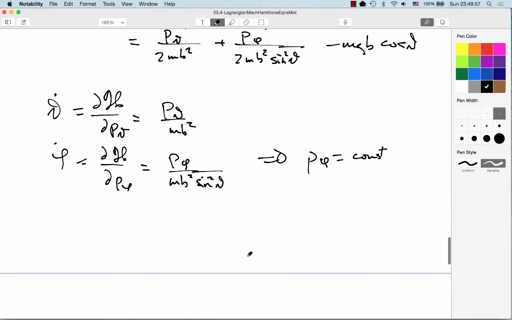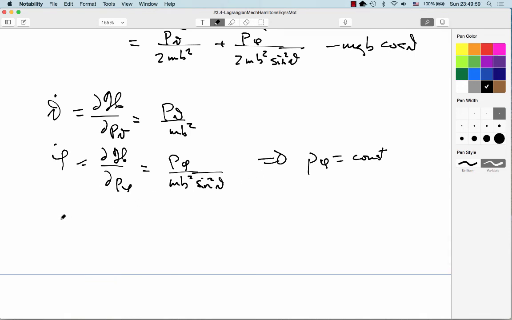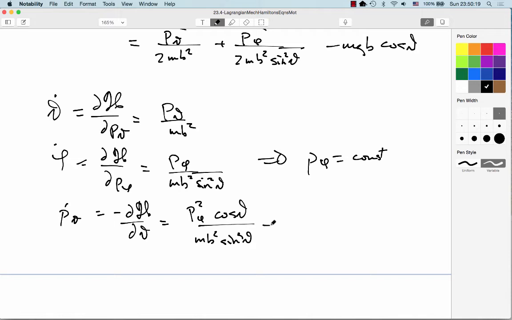All right, so then to get our p theta dot, it is equal to minus partial h partial theta. That'll be equal to p phi squared cos theta over m b squared sine cubed theta minus m g b sine theta.